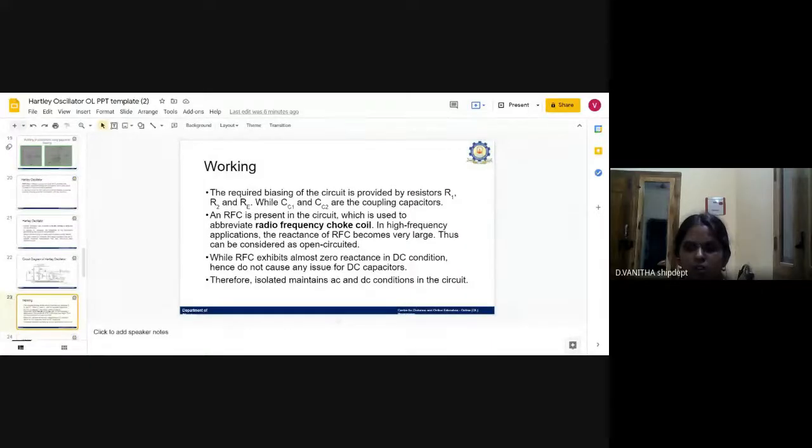But the radio frequency choke coil exhibits almost zero reactance in the DC condition, so it does not cause any issue for DC, so that it isolates AC and DC conditions in the circuit.